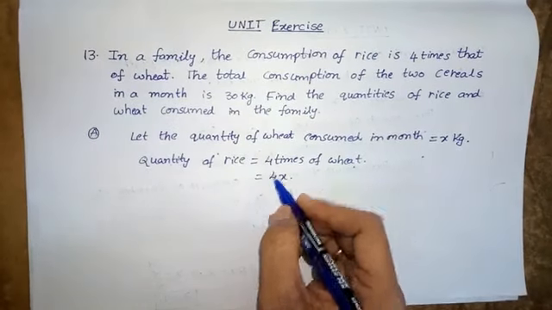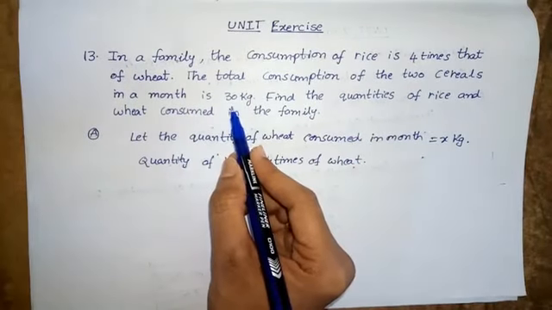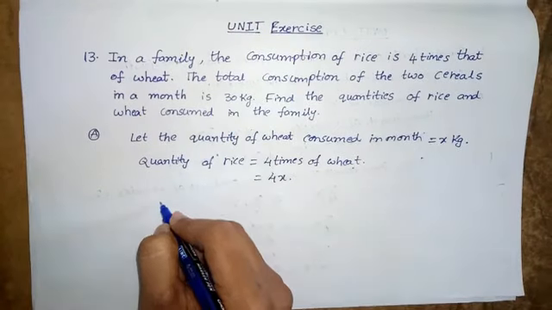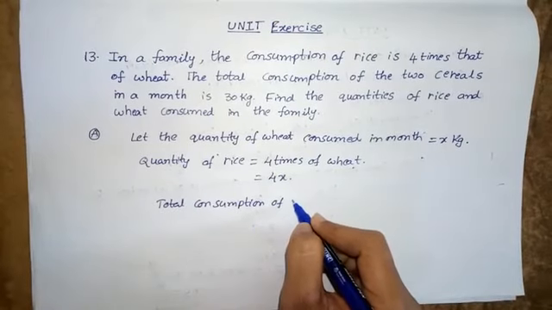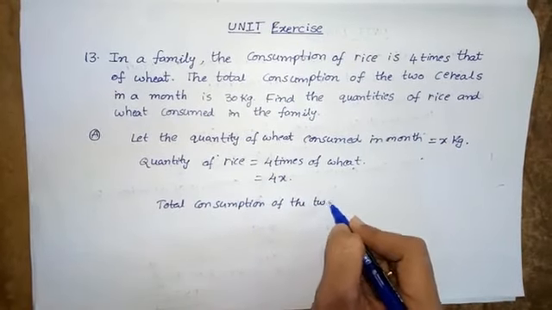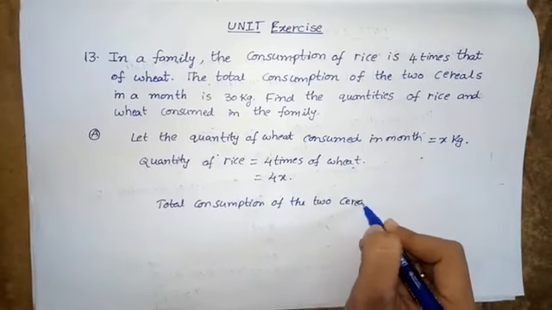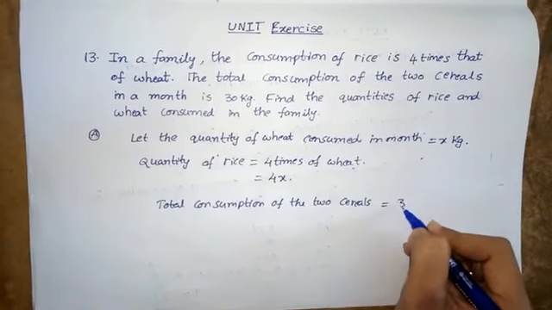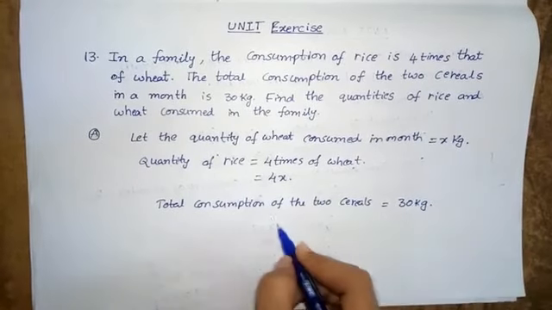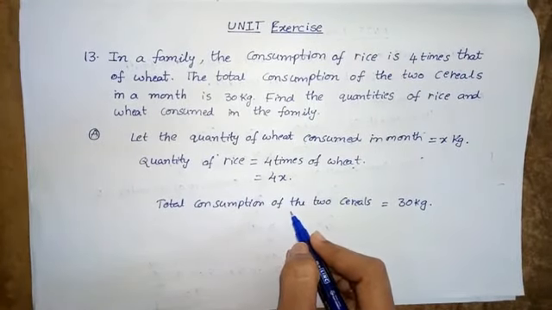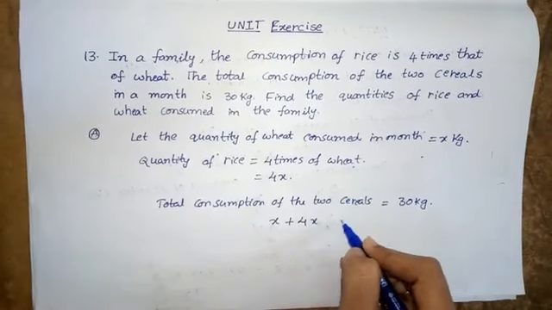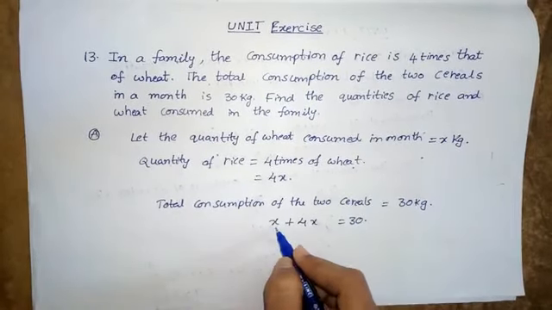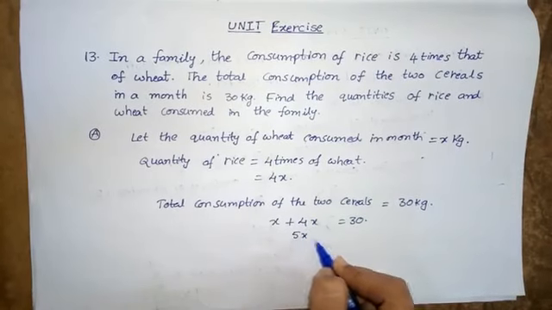In the problem, the total consumption of the 2 cereals in 1 month is 30 kg. Here the 2 cereals are nothing but one is wheat, the other is rice. So wheat consumption is x plus rice consumption is 4x, equal to 30. So x plus 4x becomes 5x, equal to 30.